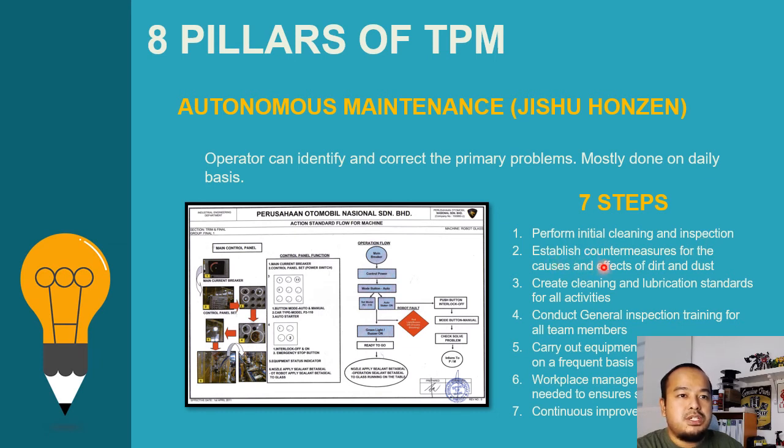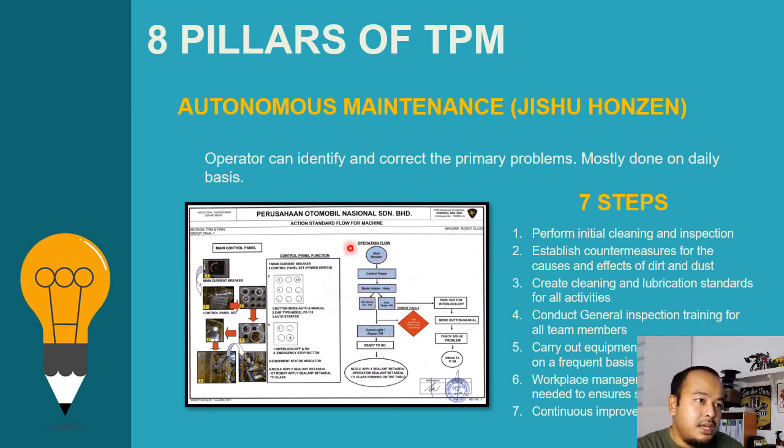Second, establish countermeasures for the causes and effects of dirt and dust. Third, create cleaning and lubrication standards for all activities. Fourth, conduct general inspection training for all team members. Fifth, carry out equipment inspection checks on a frequent basis. Sixth, workplace management and control are needed to ensure success. And seventh, continuous improvement never ends. These are the 7 steps.